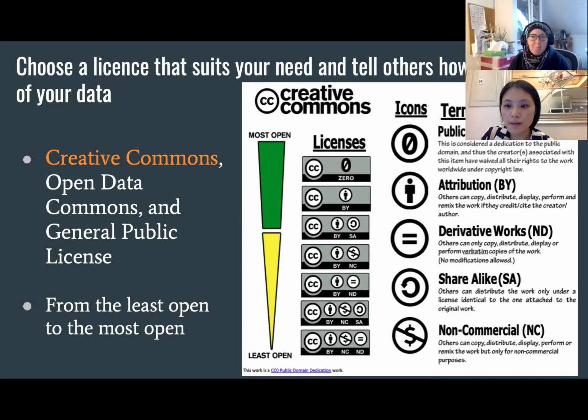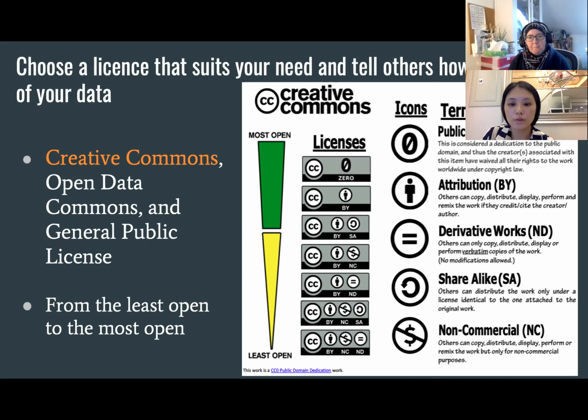CC-ND means it does not allow people to modify your work. The next one is share alike. This means copies or adaptations of the work need to be released under the same license as the original. The final one means the copies cannot be used for commercial purposes.